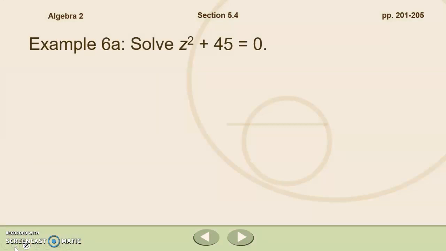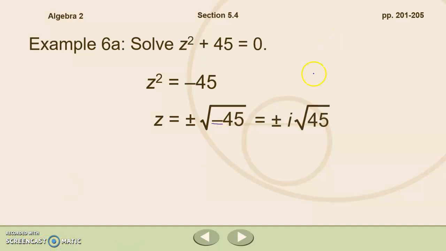All right, let's take a look at this example. Solve z squared plus 45 equals 0. The first thing we want to do is isolate the squared term, which gives us z squared equals negative 45. Then we want to apply the square root property and take the square root of both sides. z equals plus or minus the square root of negative 45. We want to simplify this expression by prime factorization, and because we have a negative number here, we also know we're going to have to use that i.